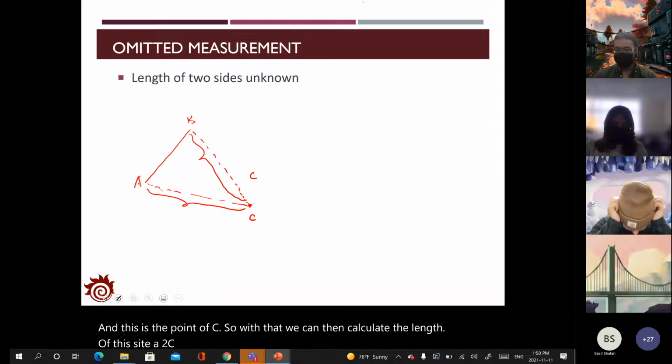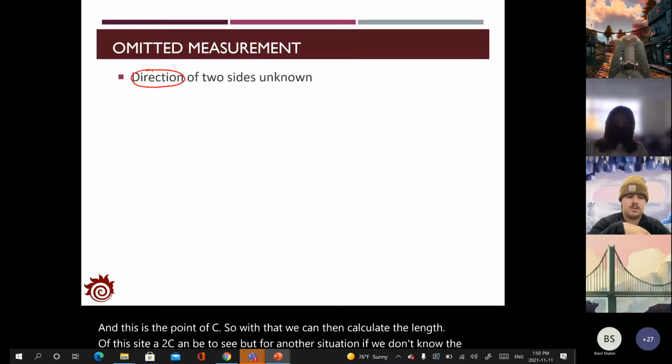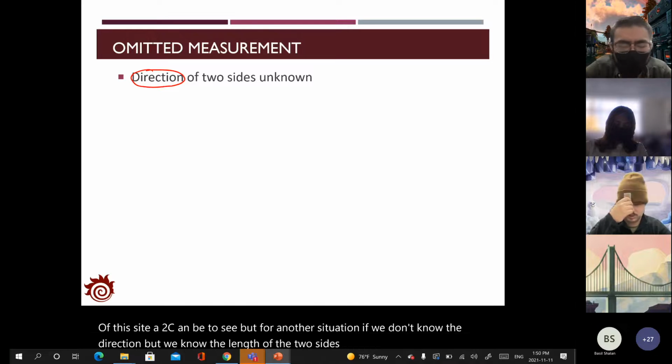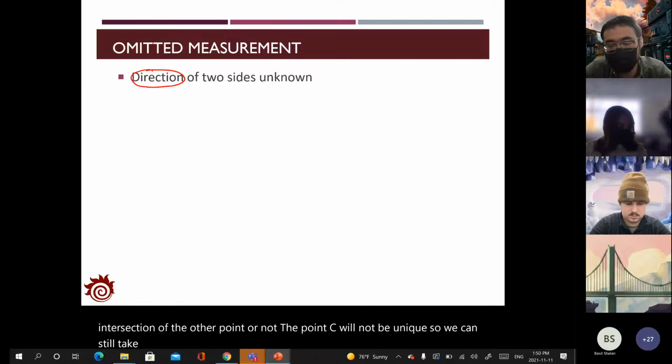But for another situation, if we don't know the direction, but we know the length of the two sides, then the location of the intersection, the point C, will not be unique. So we can still take the same example about the triangle.